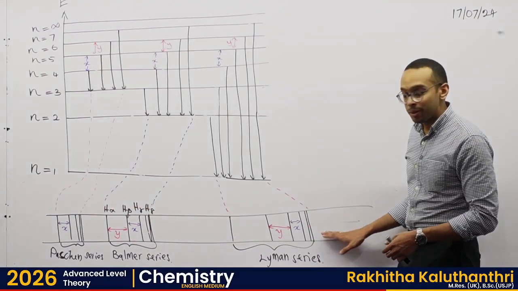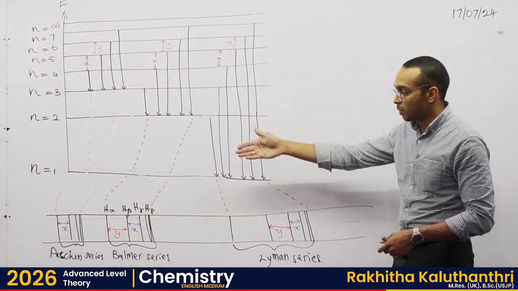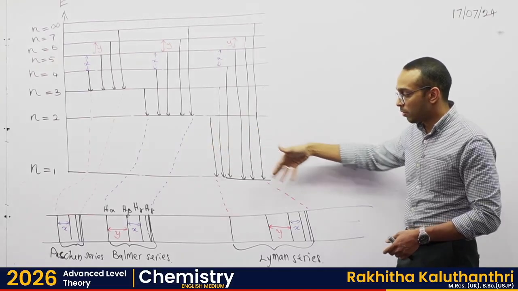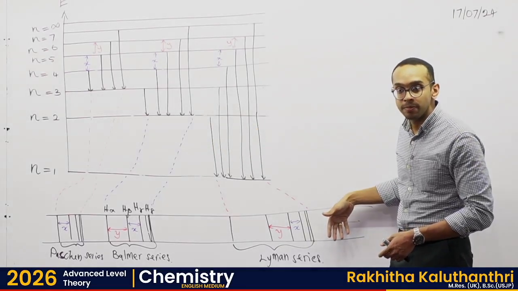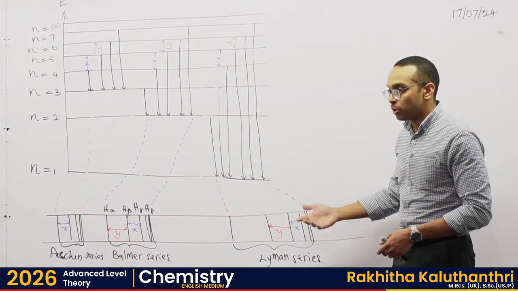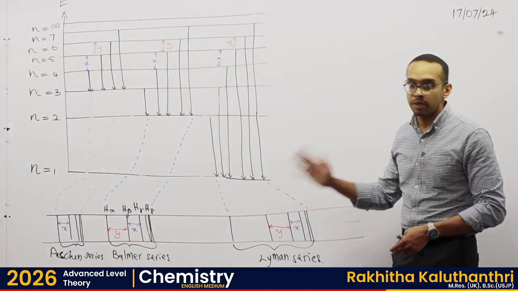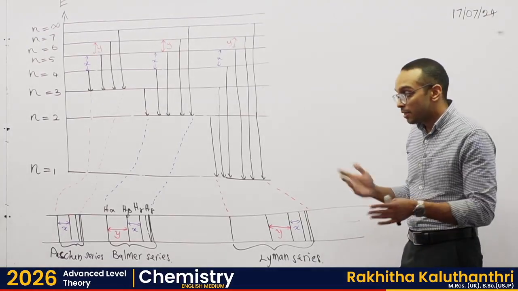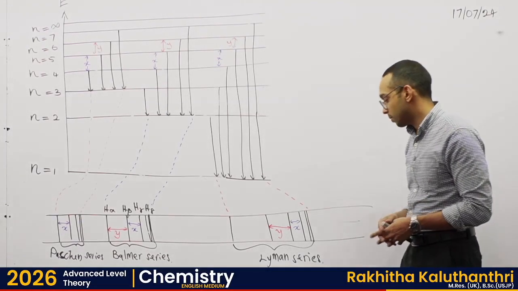Is that clear? Because in the emission spectrum of hydrogen, we have organized all of the different frequency values of the radiation that they have emitted. So this is a frequency distribution of hydrogen's emission spectrum. We can also draw a wavelength distribution of hydrogen's emission spectrum. Is that clear now? That is what we have done so far, right?